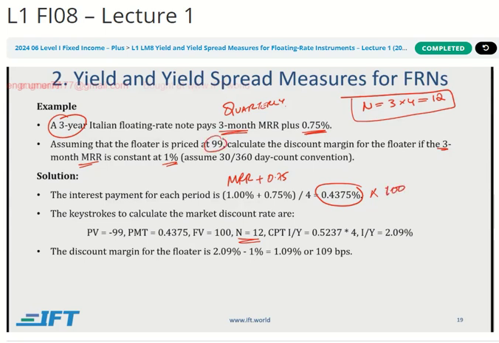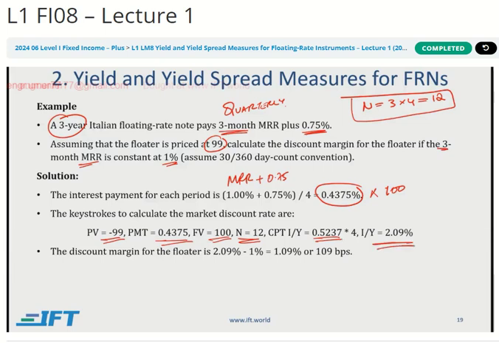Since the floater is priced at 99, we'll assume the face value is going to be 100. So you multiply that with 100 and you get your payment amount. Your present value, of course, has to go in negative. Your payment is positive. Your future value or face value is positive. And then you compute for the interest rate, the yield, and that comes to 0.5237. And that has to be multiplied by 4 to bring it back to the year.